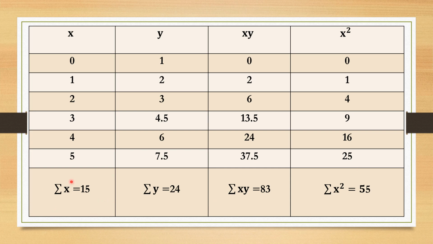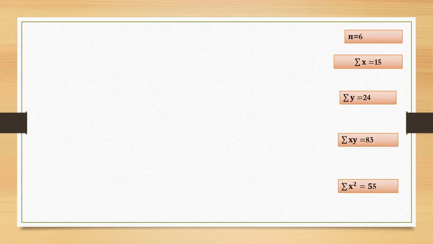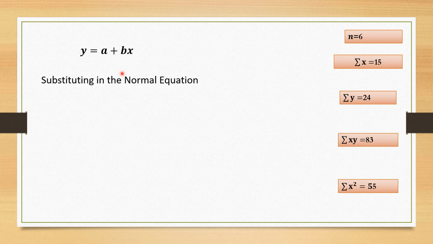Now substituting these summations in the normal equations. We have these values from the previous table of the given problem. Then we have to calculate the values of a and b. To calculate the values of a and b, we have to make use of the normal equation.